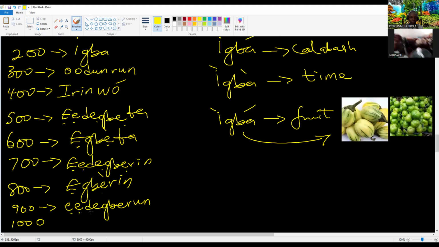Six, ẹ̀fà. Seven, èje. Eight, ẹ̀jọ. Nine, ẹ̀sán. Ten, ẹ̀wá. Good. That's a very good one.